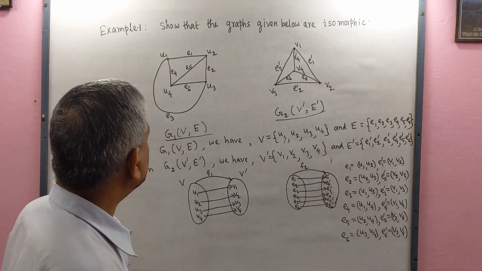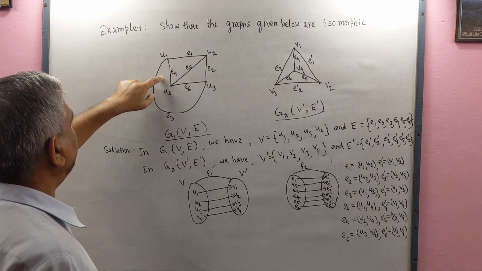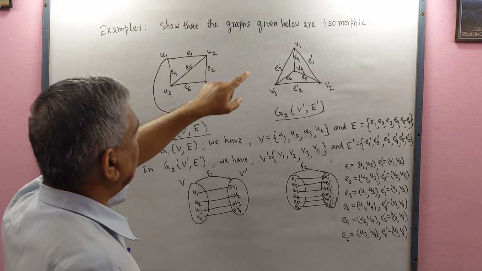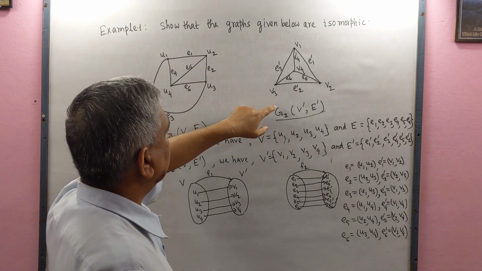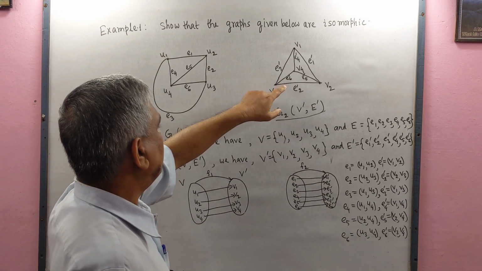Here we see that all vertices of G1 are of degree 3. Similarly, all vertices of graph G2 are of degree 3.